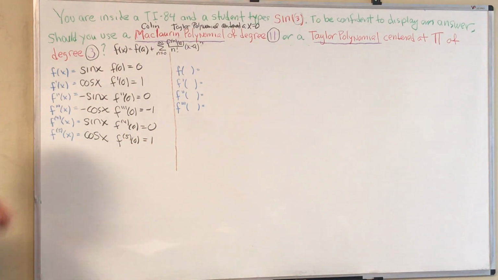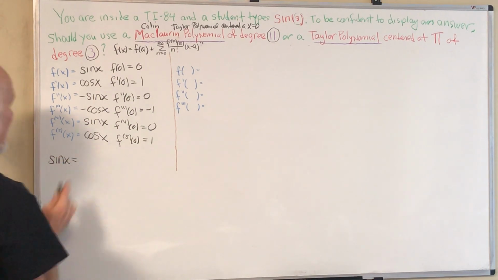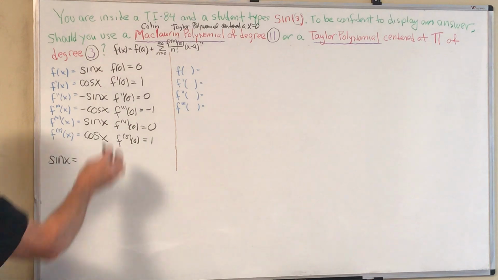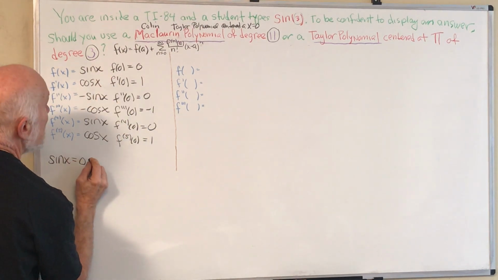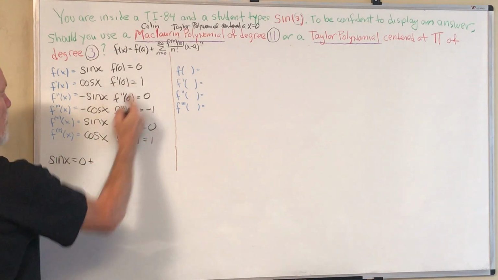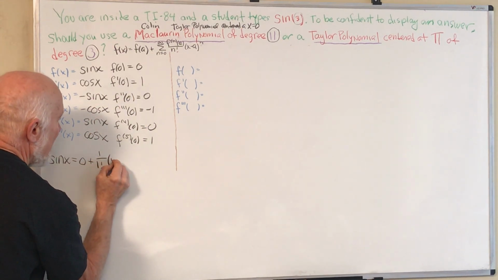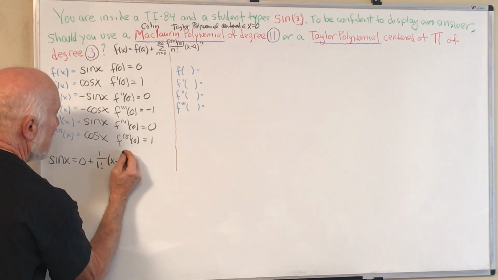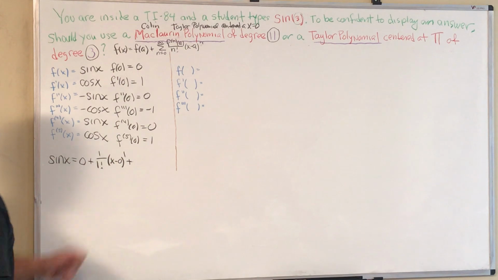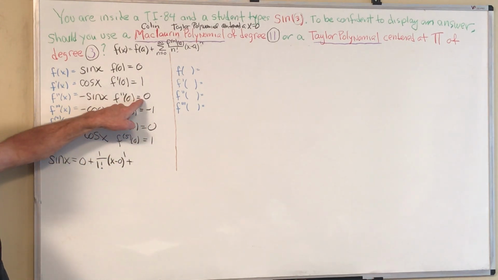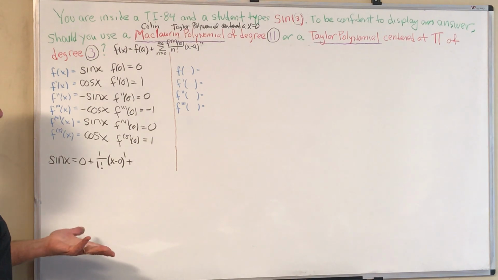So if we wanted to write the series for the sine of x, what do we get? The first term is f of a, 0, and then it goes plus f prime of a over 1 factorial times x minus 0 to the first. Then it's plus f double prime of 0 over 2 factorial. Well, I don't even have to write that down.